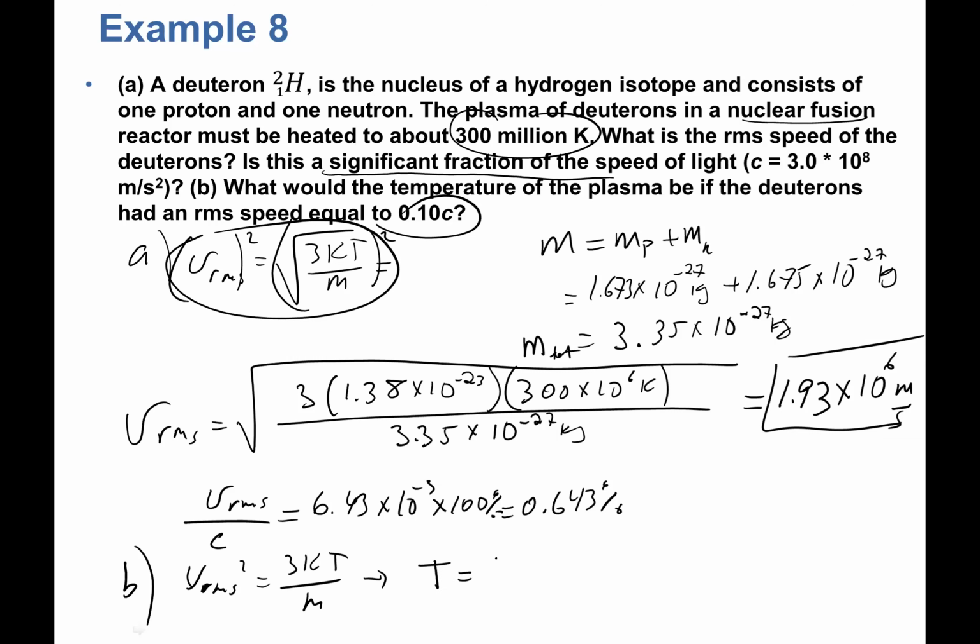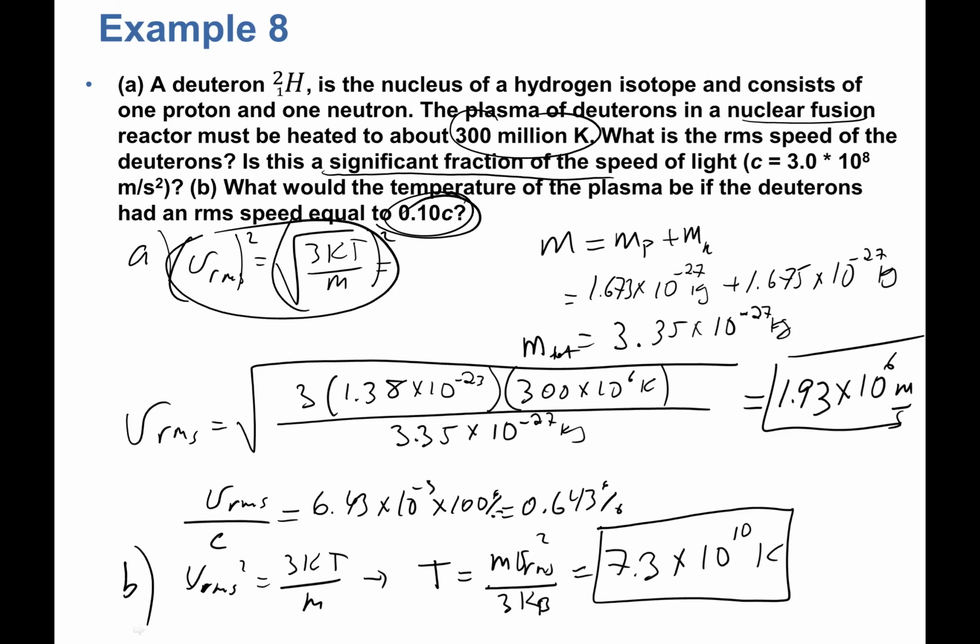So temperature equals m times VRMS squared divided by 3 times k. Again, plug in the mass, plug in the RMS speed as 0.1 times 3 times 10 to the 8, divided by 3 times the Boltzmann constant. What we'll get here is 7.3 times 10 to the 10 Kelvin.